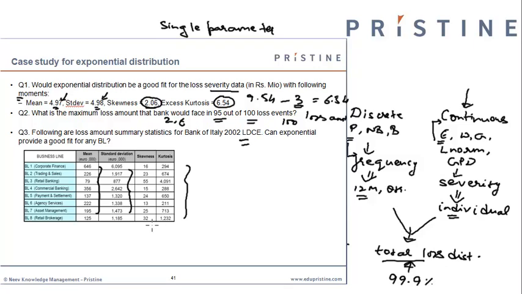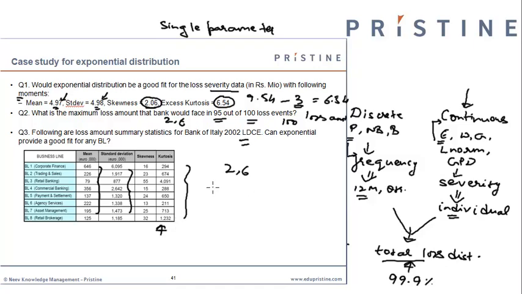Also the data is heavily skewed and it has very high kurtosis. That means data is fat-tailed and very highly skewed. Therefore, a simple distribution like exponential, which has a constant skewness and kurtosis of 2, 6, cannot provide a good fit to this type of data set.